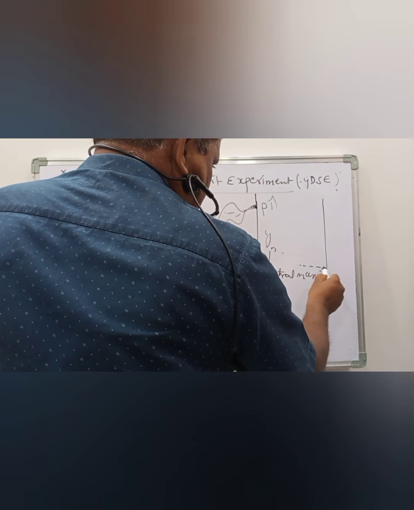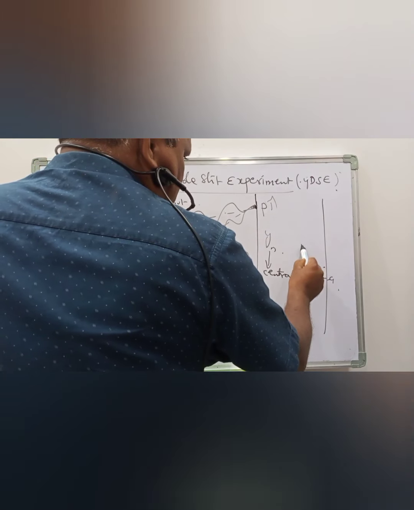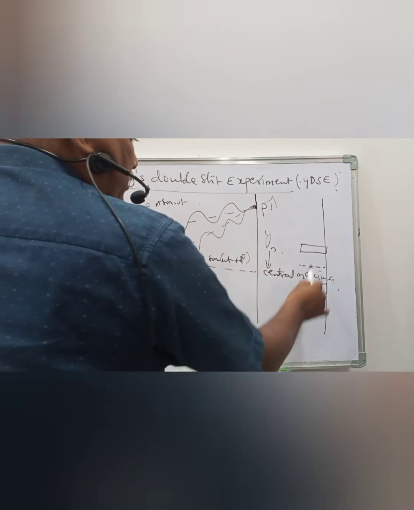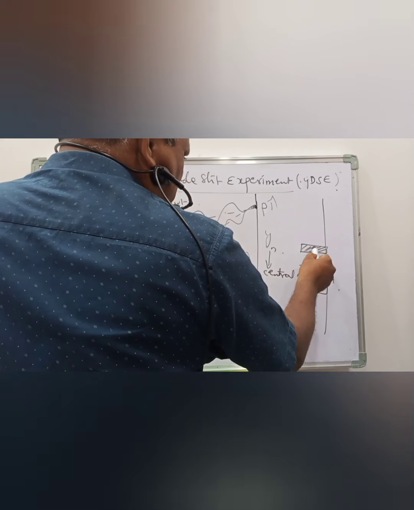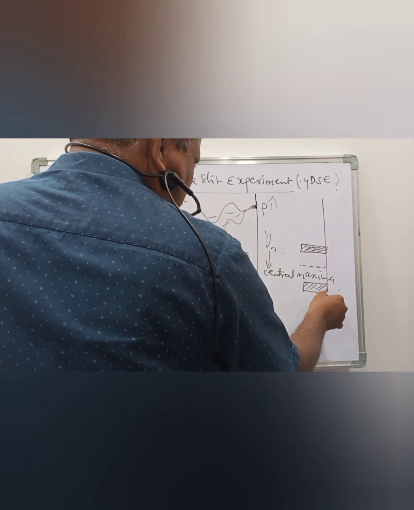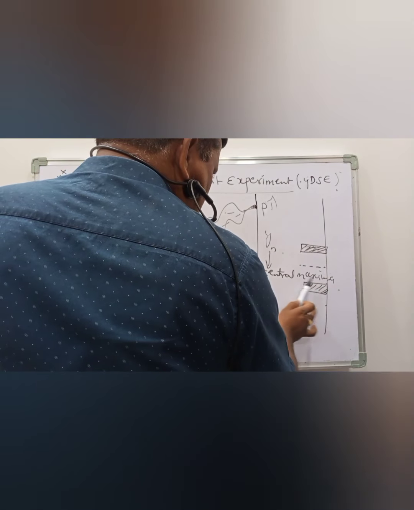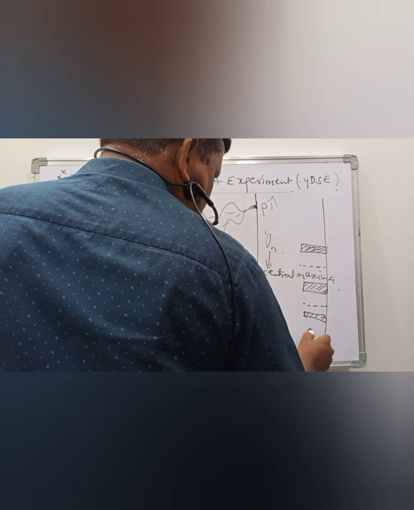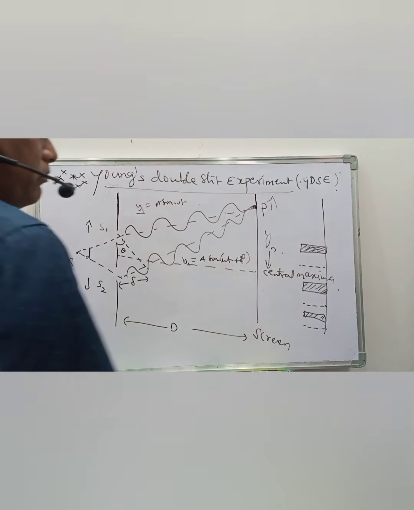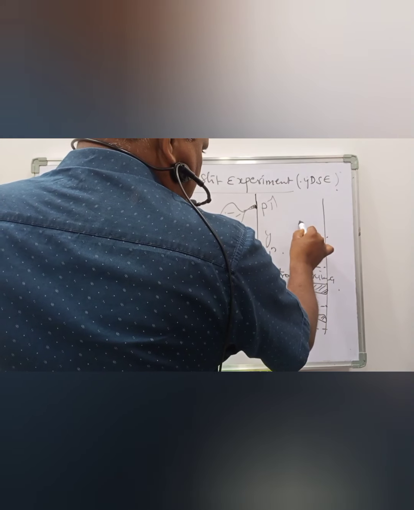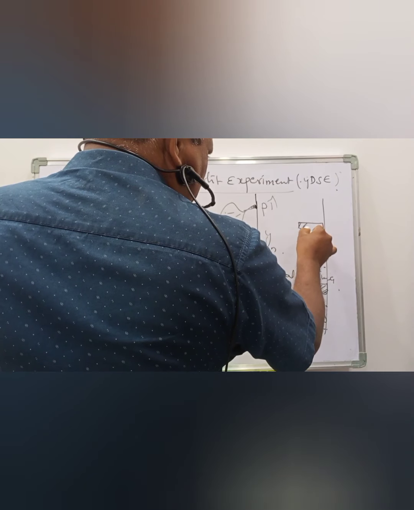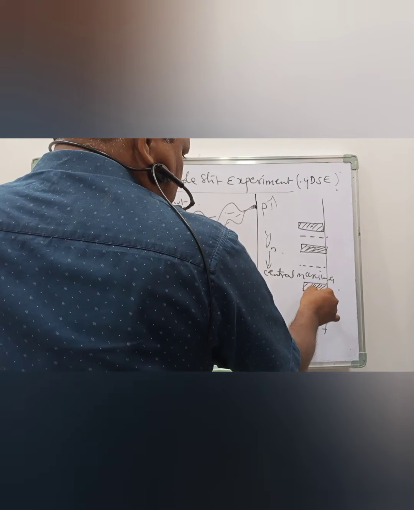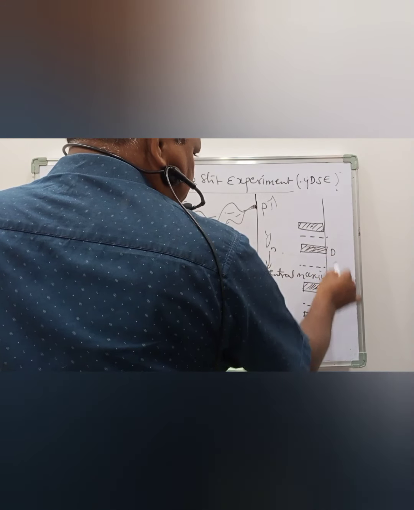There is a central bright fringe, and this is a dark fringe. On either side of the central maxima, two dark fringes appear, then a bright fringe, a dark fringe, and so on. Consecutively, bright and dark fringes appear on the screen.